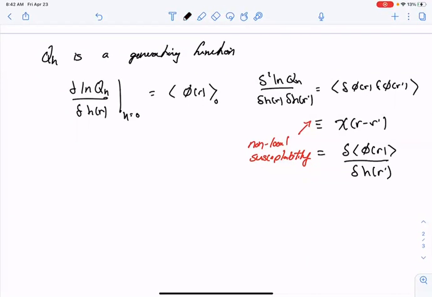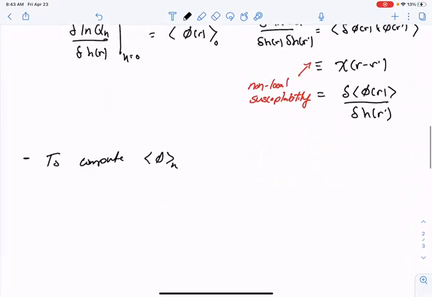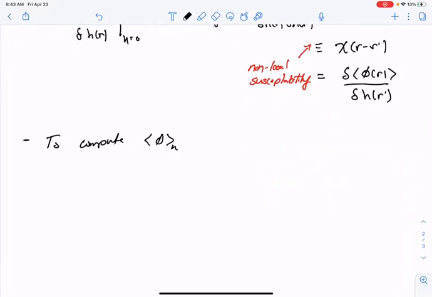Now, if we actually wanted equations that would let us compute these variables, the average of phi or the non-local susceptibility, our correlation function, we can run back to mean field theory. We know that at the mean field level, in the presence of some external field, the value of the field that minimizes the free energy will be the one that contributes the most to the partition function.